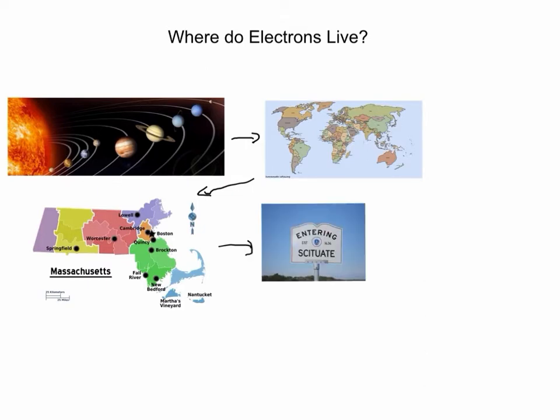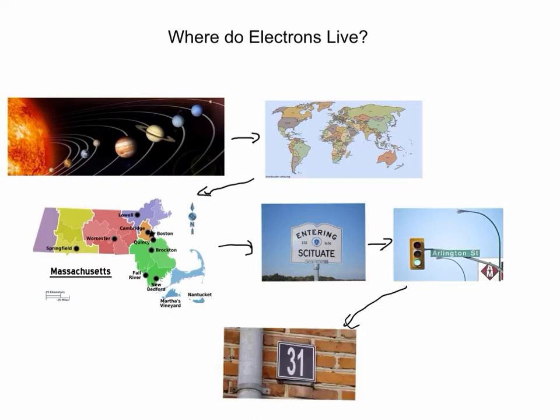So here's a city sign. Still not specific enough. We need to go a little bit further. So you could tell them a street name. And there's one more piece of information that you would give them to tell them exactly where you live, and that would be a house number.